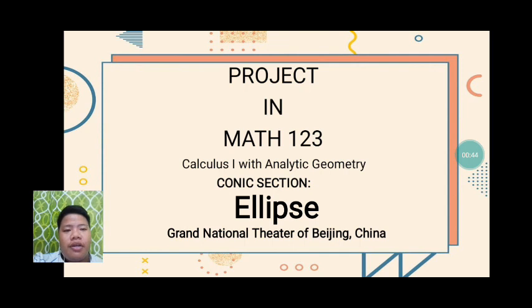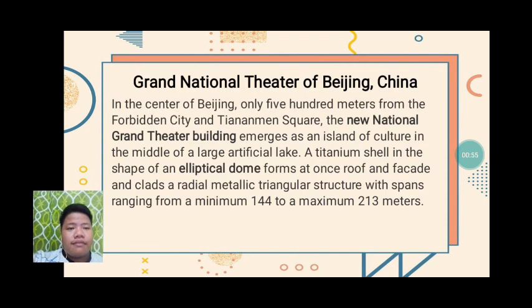And our group chose the Grand National Theater of Beijing, China as the model of our miniature. The Grand National Theater of Beijing, China, in the center of Beijing, is only 500 meters from the Forbidden City and Tiananmen Square.